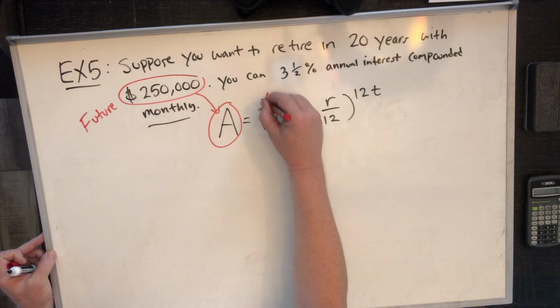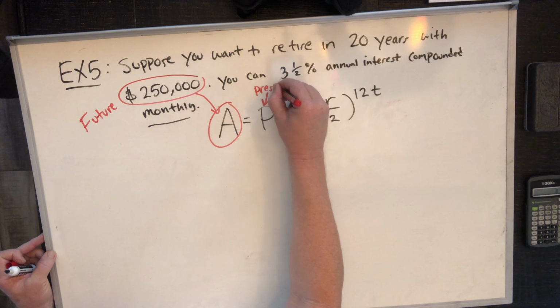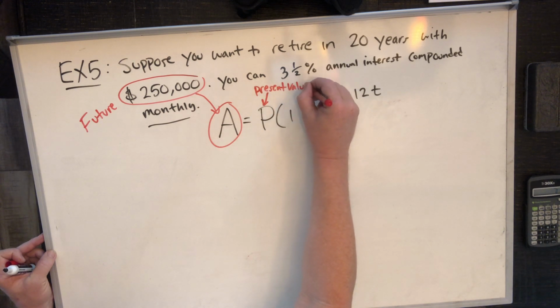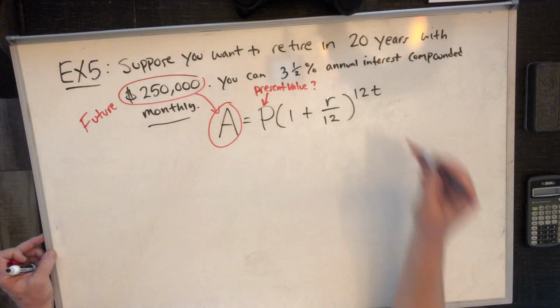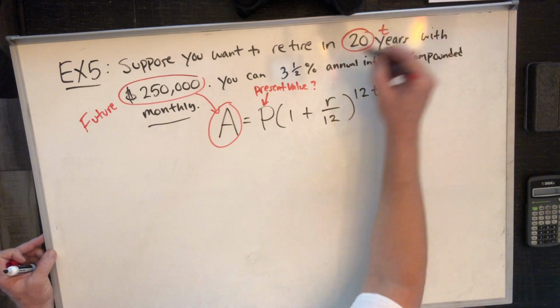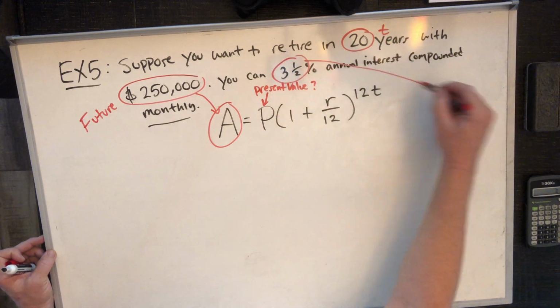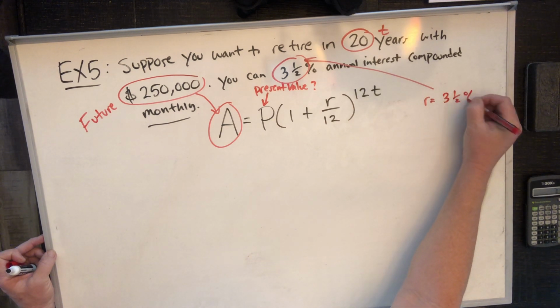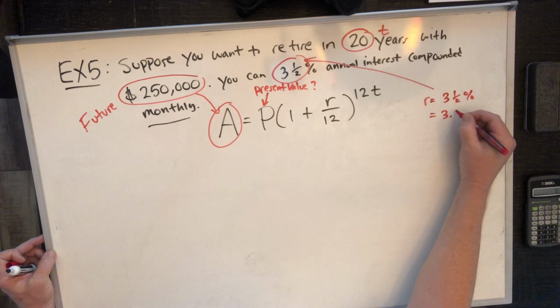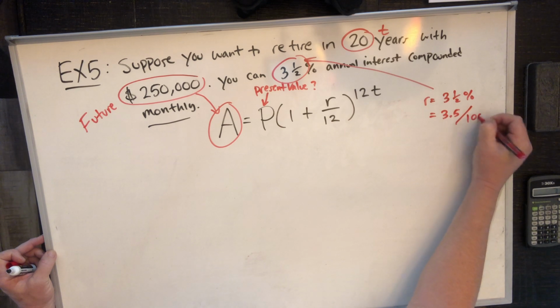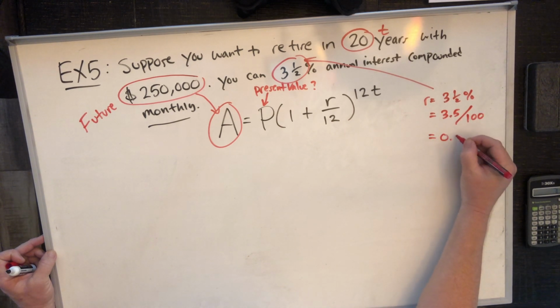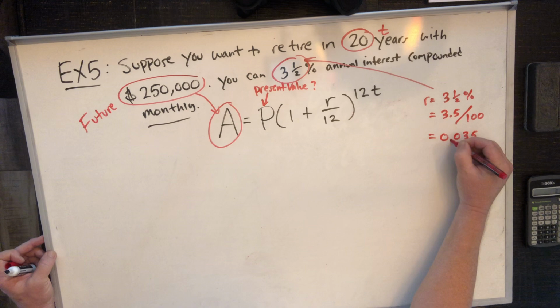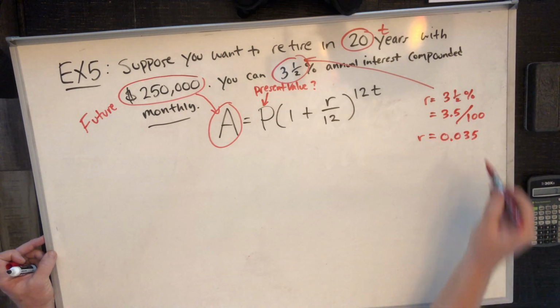The present value is an unknown value. Our time is 20 years, and our interest rate is 3.5%, which is 3.5 divided by 100, which is 0.035. That's going to be our interest rate.